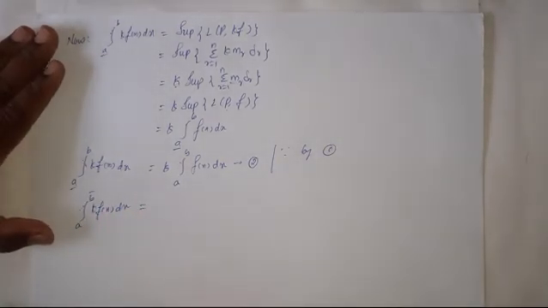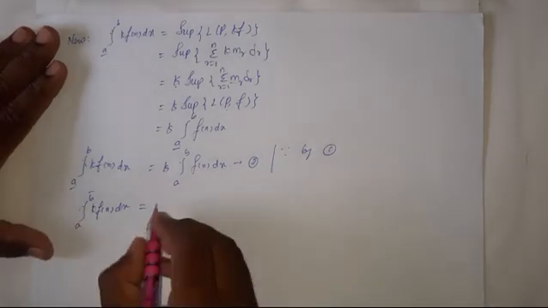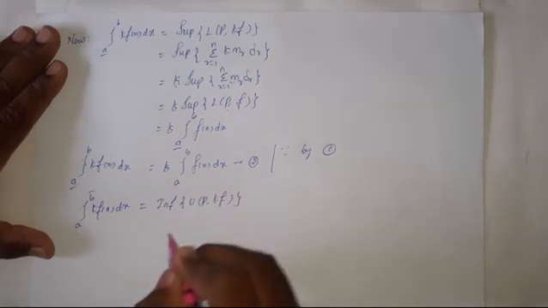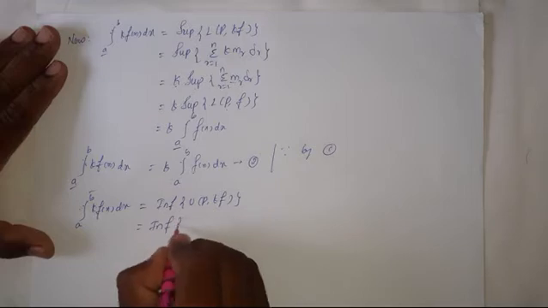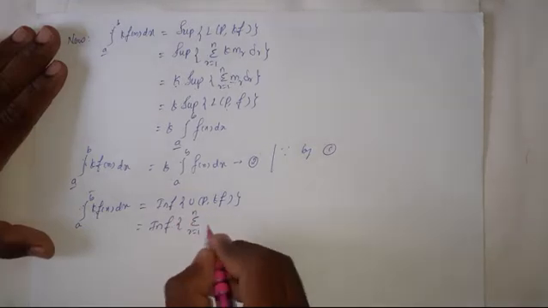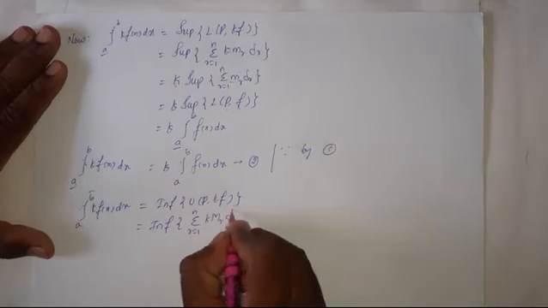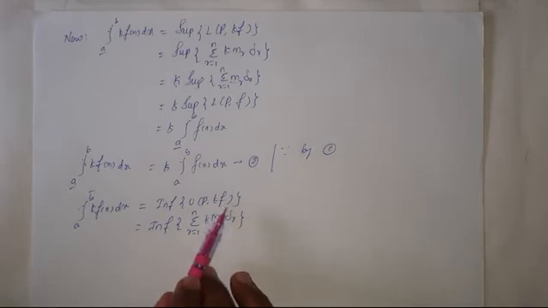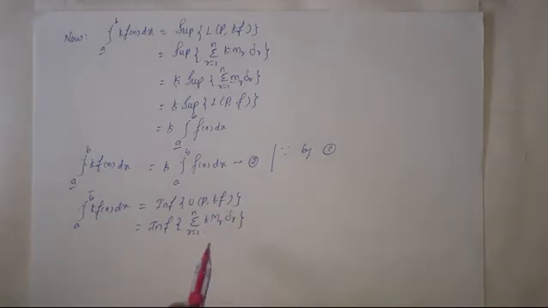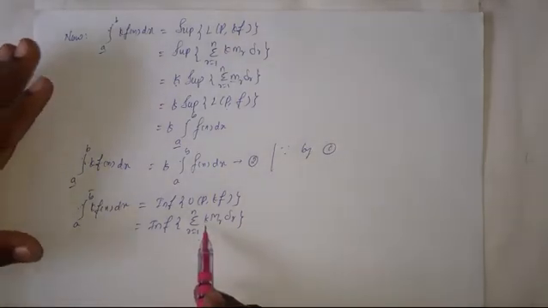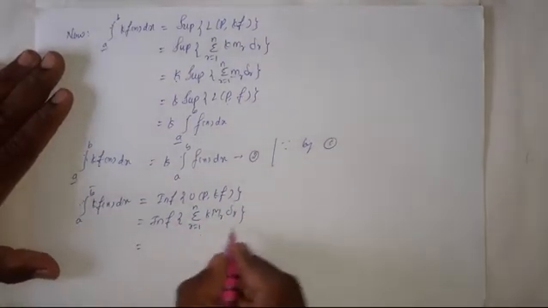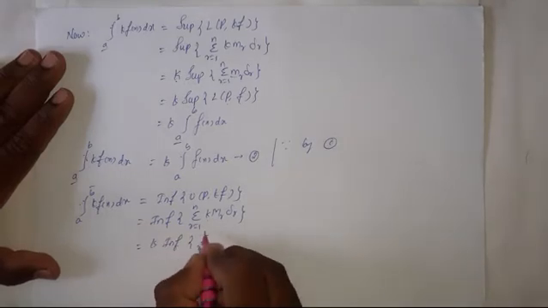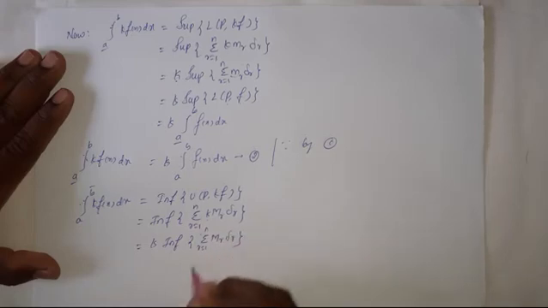Again, by using the definition of the upper Riemann integral, it is nothing but the infimum of U(P, kf), which is the infimum of the summation over r equal to 1 to n of k into capital Mr delta r, because it is the upper Riemann sum of the function kf, and while finding the upper Riemann sum we need to use the supremum of that function, that is k into Mr. So the same expression can be written as k into the infimum of the summation over r equal to 1 to n of capital Mr into delta r.